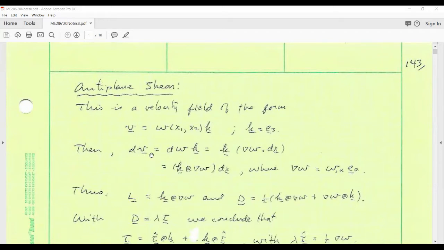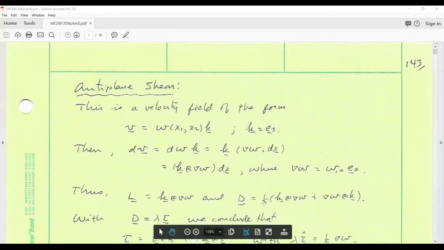And to extract L, we simply use the chain rule: dv is dw k, k is fixed. dw is the gradient of w dot dx, so this grad is the spatial gradient in the current configuration. And here we immediately identify a tensor product of two vectors, that tensor then operating on dx. Gradient w here, because w depends on the in-plane coordinates, say Cartesians. In a Cartesian system, we'd write that as w comma alpha e alpha, alpha sums from 1 to 2. So immediately then, we deduce that the spatial velocity gradient is k tensor product gradient w.